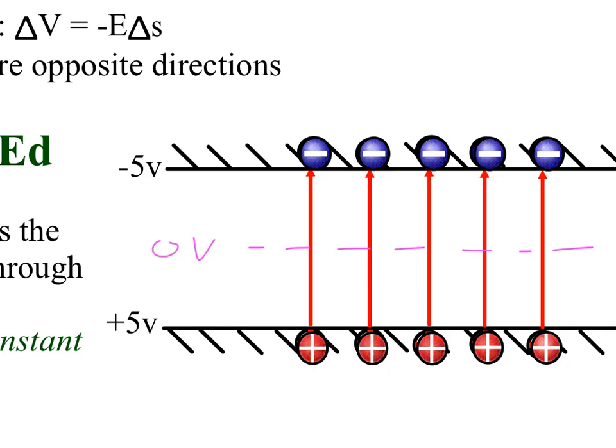And if I drew another equipotential line right here, now I'm halfway between 0 volts and positive 5 volts, so this would be positive 2.5 volts. And if I draw another equipotential line over here, midway between the 0 volt line and the negative 5 volt line, this is negative 2.5 volts.